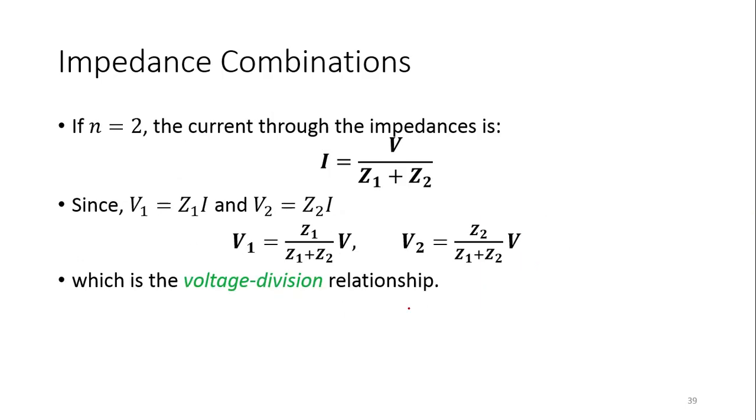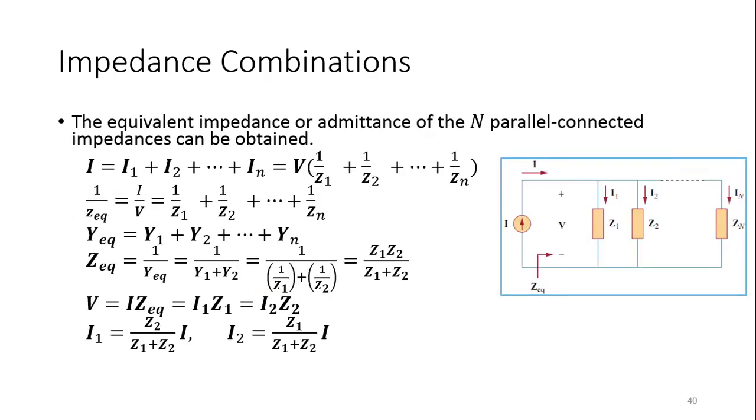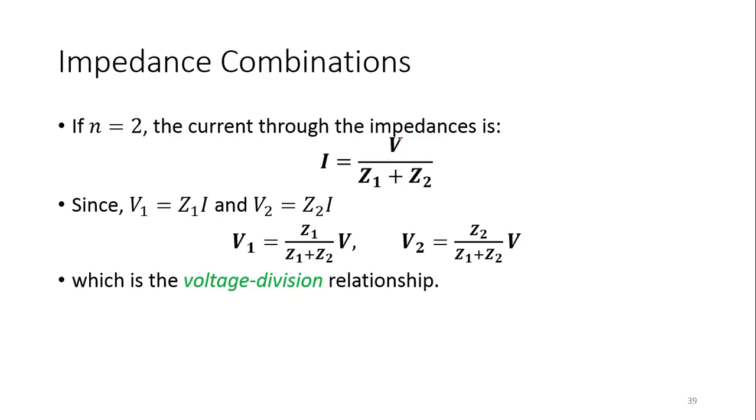Similarly, considering two elements in series, we can derive the relationship for voltage division as we did in DC analysis. The current through the series elements would be V upon Z1 plus Z2, and V1 would be Z1 times I. Putting the values, we get these relationships very simply, and these are nothing but the voltage division relationships as we did in DC analysis.